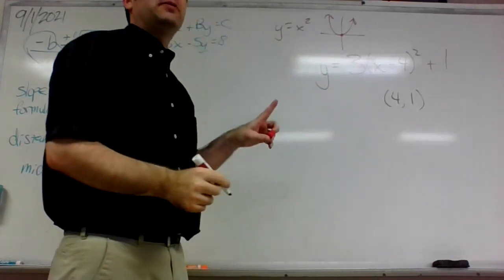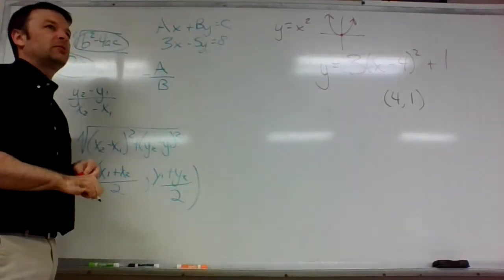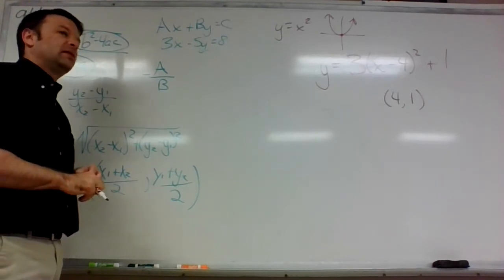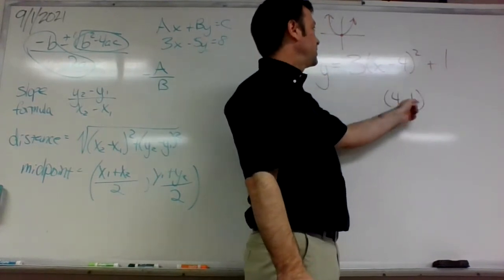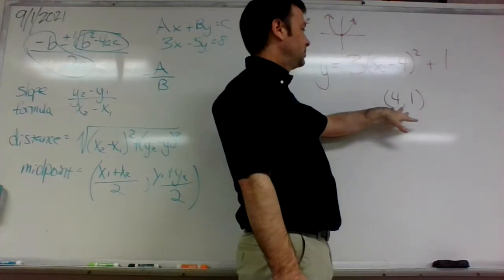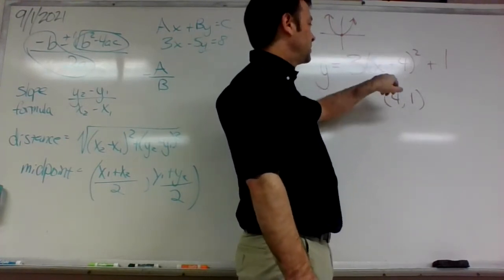We've done that a lot, last year too. So the vertex instead of 0, 0 is 4, 1. It's always the opposite of the number in the parentheses.